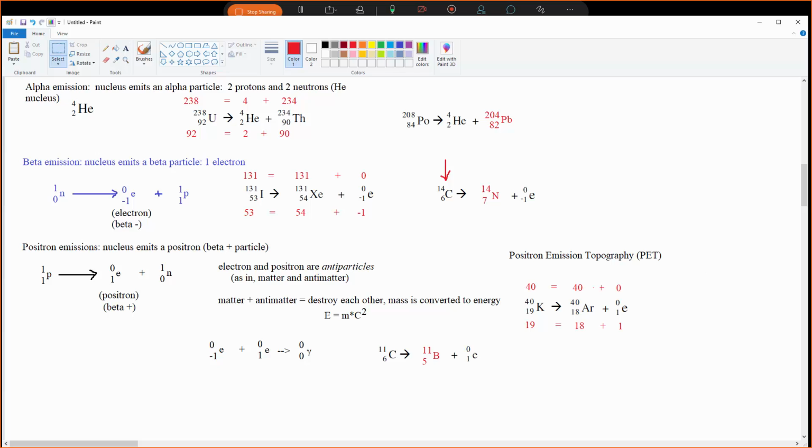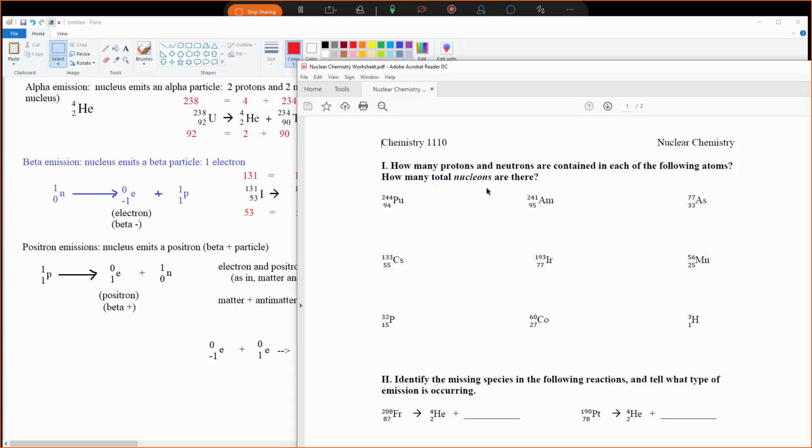Okay, then let's look at your worksheet. We're doing the first page of your worksheet today, and I kind of glossed over the first section. I will let you do that. The first section is just a review where you're identifying how many protons and neutrons and nucleons using these numbers, right?